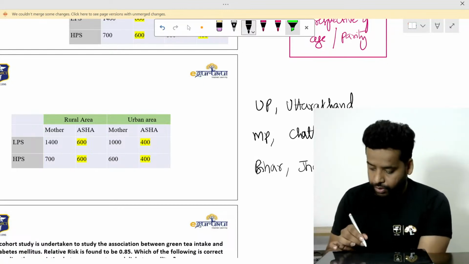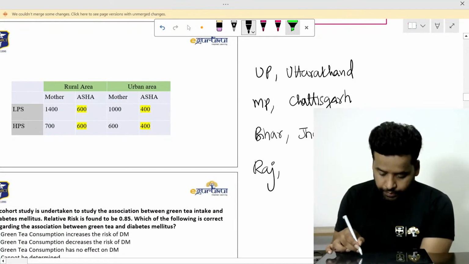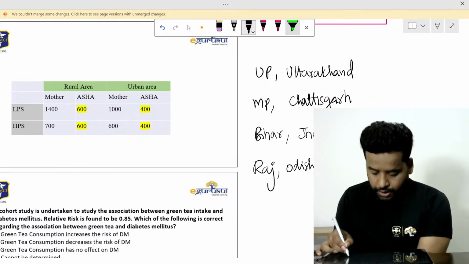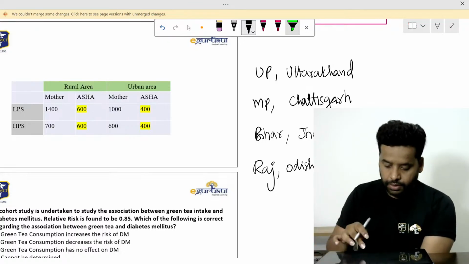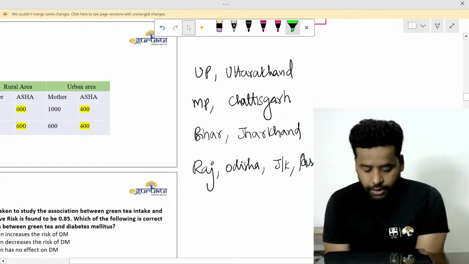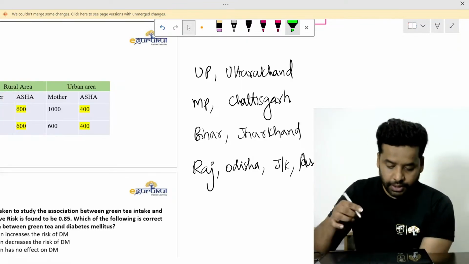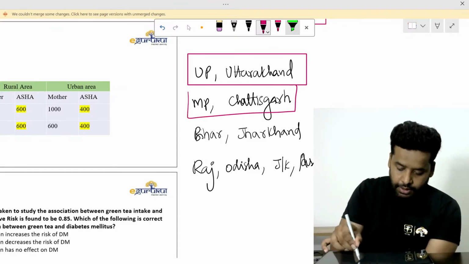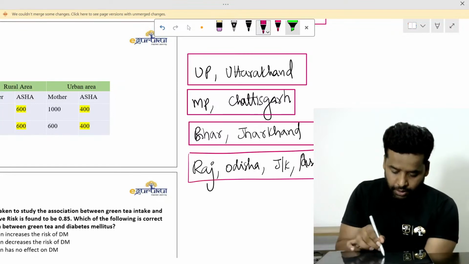And the remaining four mnemonic will be ROJA: Rajasthan, Odisha, Jammu Kashmir, and Assam. Total 10 low performing states. You can remember like this: UP, Uttarakhand were together, MP, Chhattisgarh were together, Bihar, Jharkhand were together. The last is the mnemonic, ROJA.